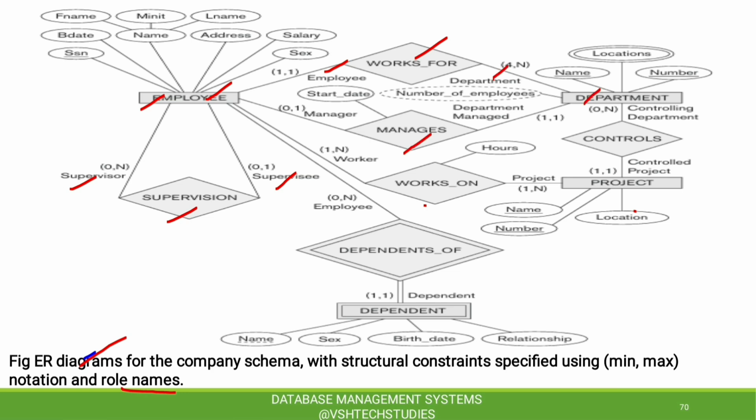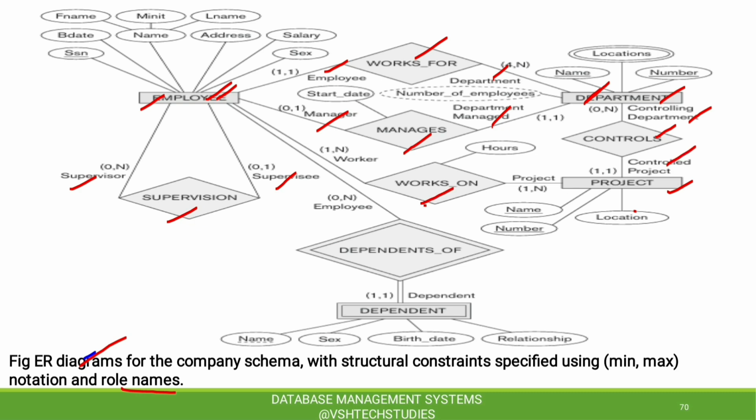And in manages relationship, the employee entity plays the role of manager, the department entity plays the role of department being managed. In controls relationship, department plays the role of controlling department, project entity plays the role of controlled project.